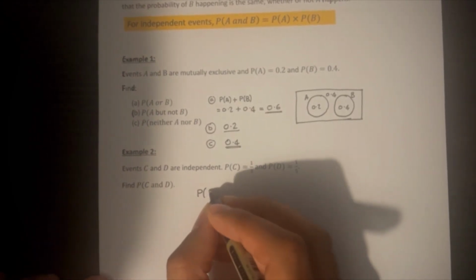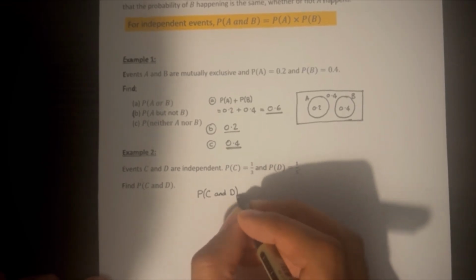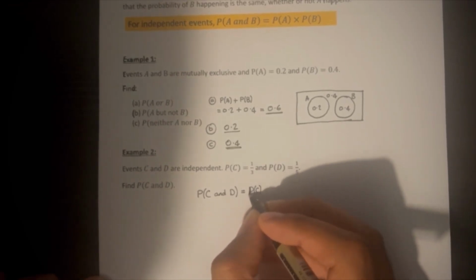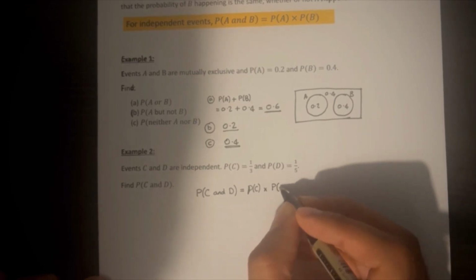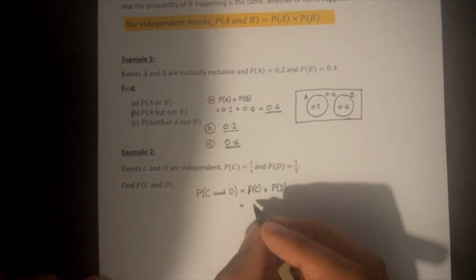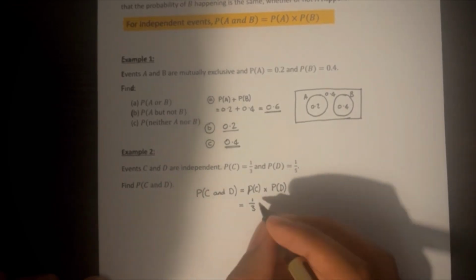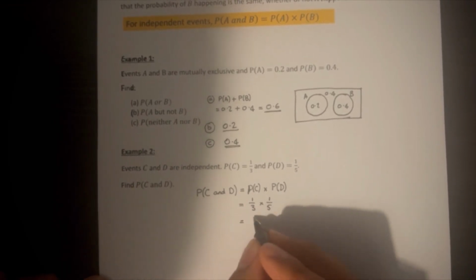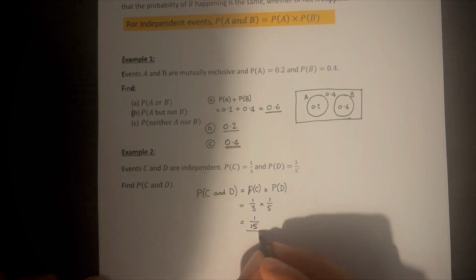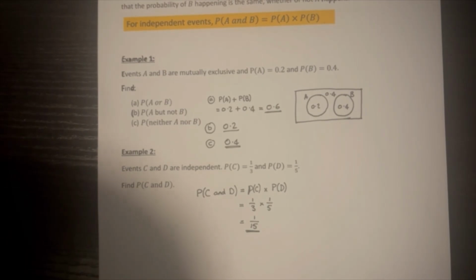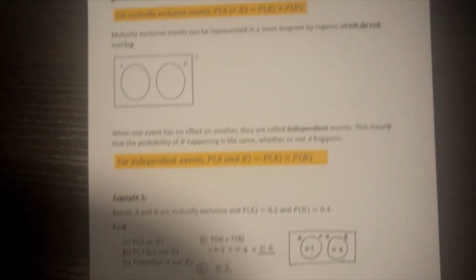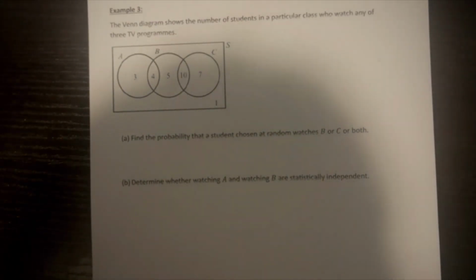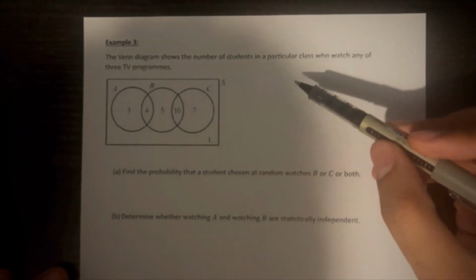So the probability of C and D is equal to the probability of C multiplied by the probability of D. The probability of C was 1/3, the probability of D was 1/5, and when I multiply those together, that gives me 1/15. So our answer there is 1/15.